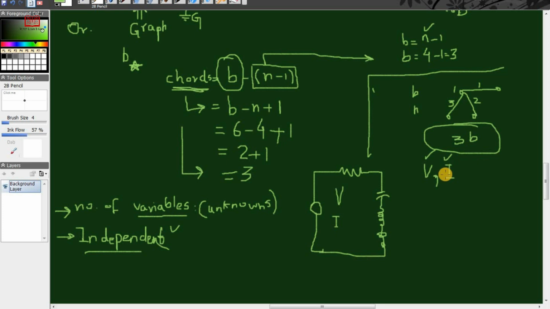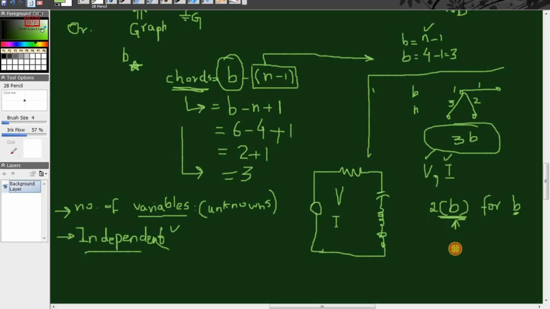It means we need to calculate two parameters, the first is voltage and the second is current, for every branch. I generalize this: for b branches, 2b parameters.